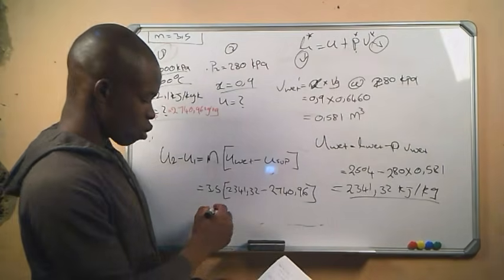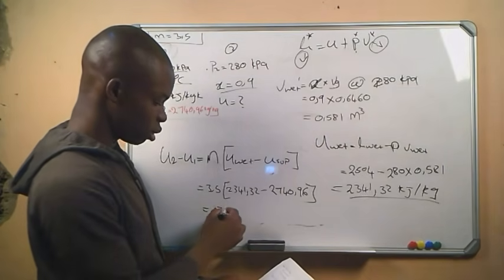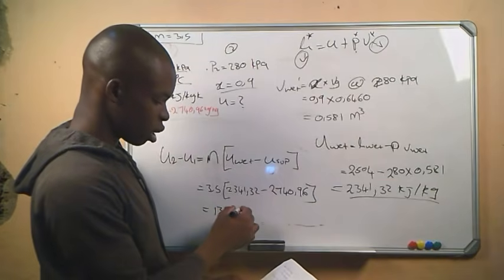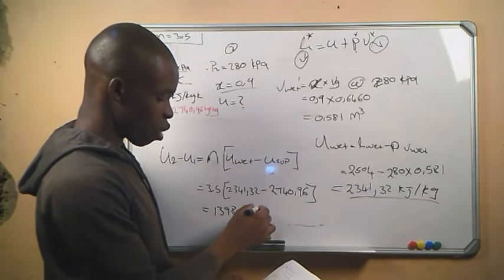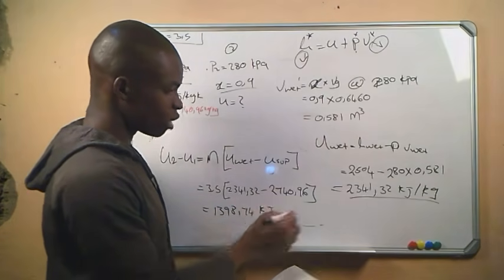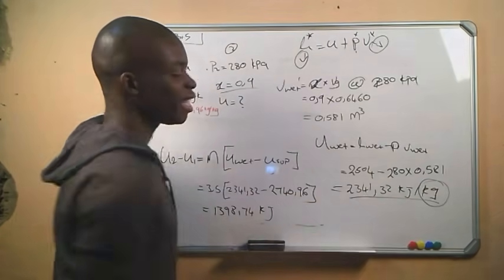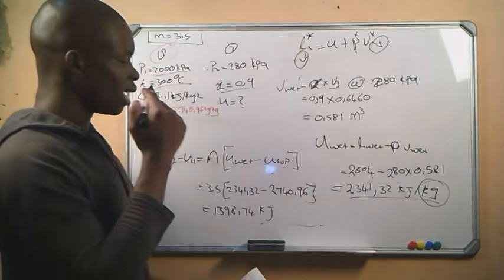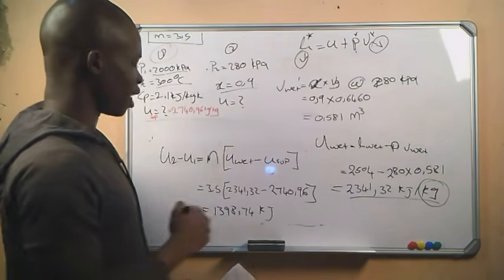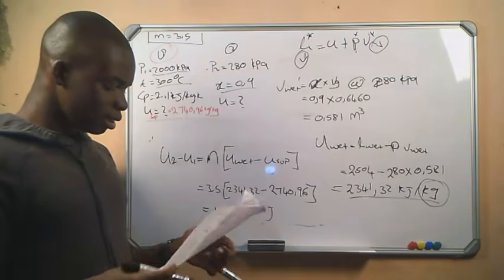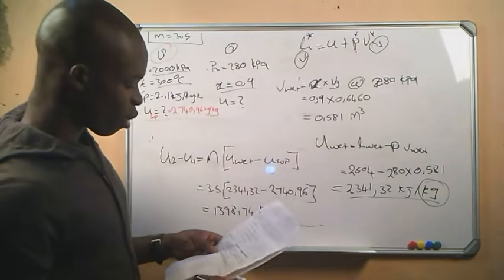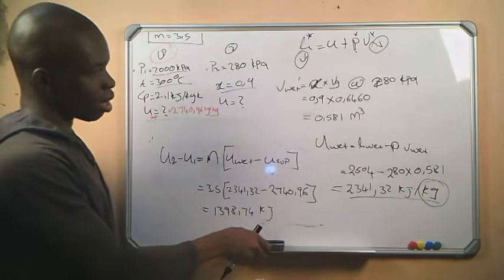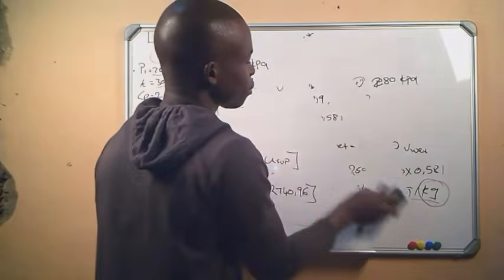I got 1,398.74 kilojoules. It's no longer kilojoules per kg because now it is the total. It's no longer a specific internal energy.